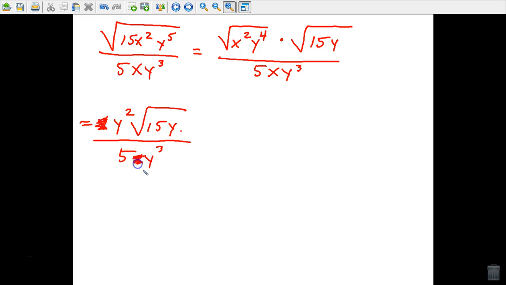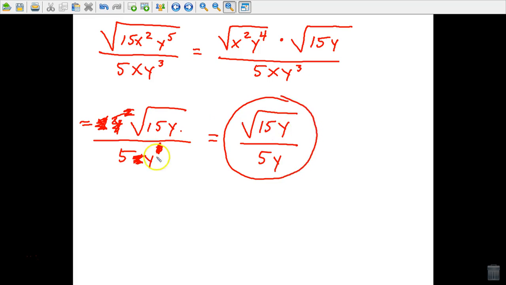X divided by x is just 1. I can divide y squared into these variables, y squared into itself, and y squared into y cubed would make this just 1. So here's my final answer. The square root of 15y over 5y. And that's reduced, simplified radical, and that would be my final answer.